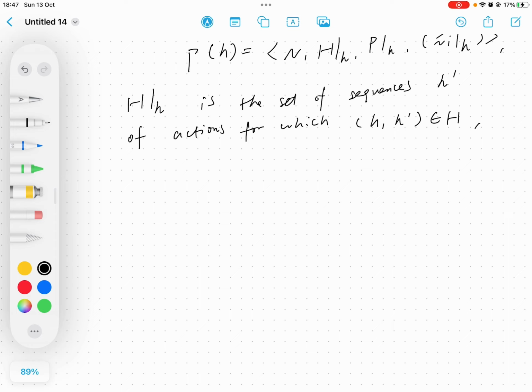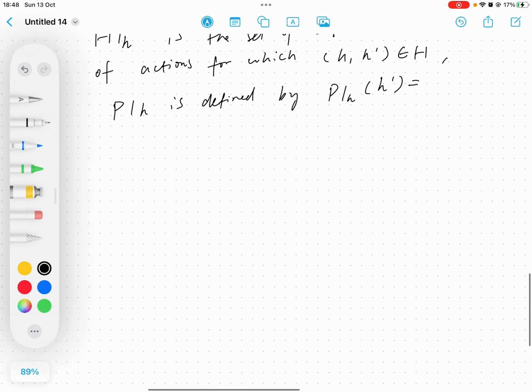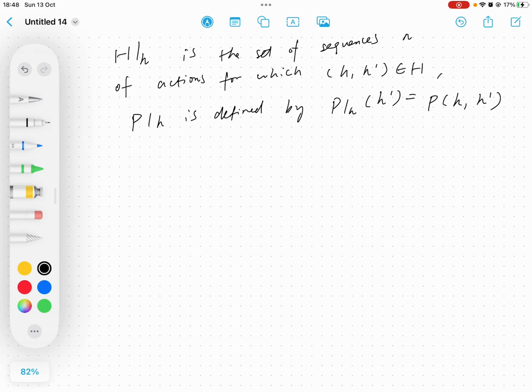Okay, so that's reasonable. And this function P following some h is defined as follows: P following h of h prime equals P of h and h prime together, right? For each h prime in H following some history h.